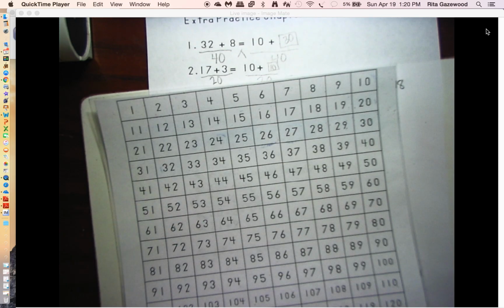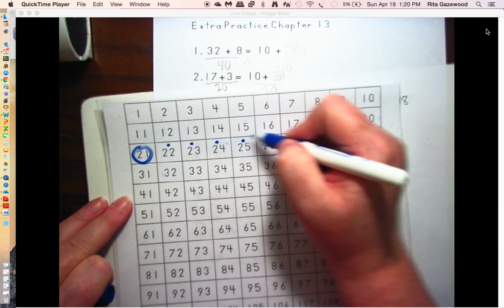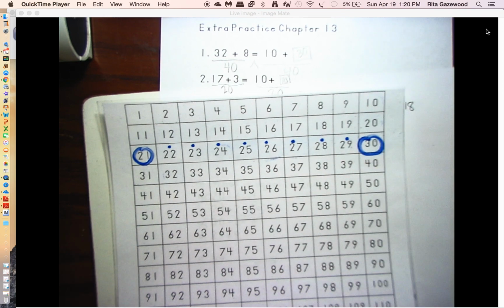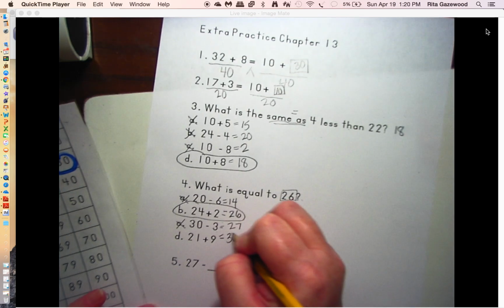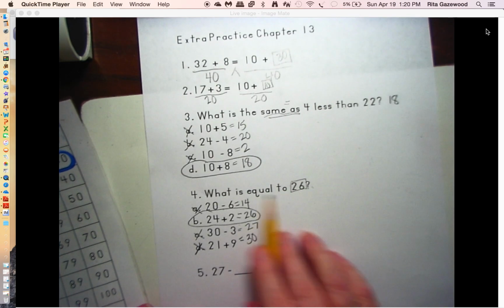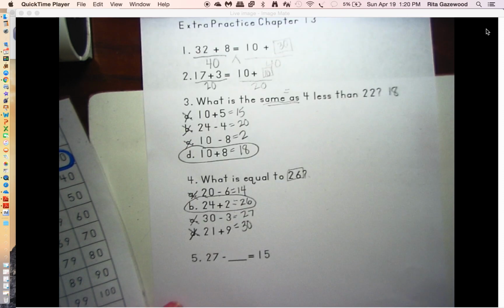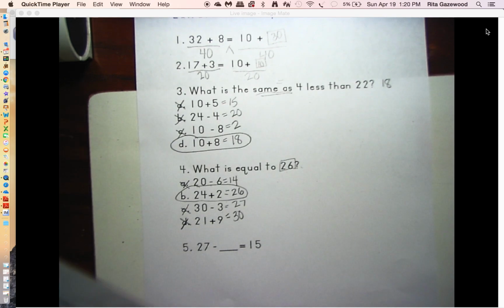So 21 plus 9. So I'm counting up 9. 1, 2, 3, 4, 5, 6, 7, 8, 9. 30. Well, that one's not right either. So I guess we solved it. So what is equal to 26? 24 plus 2. Excellent.